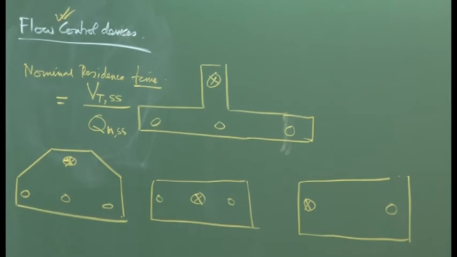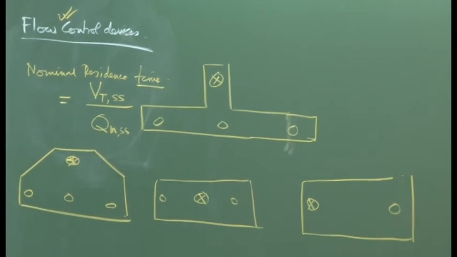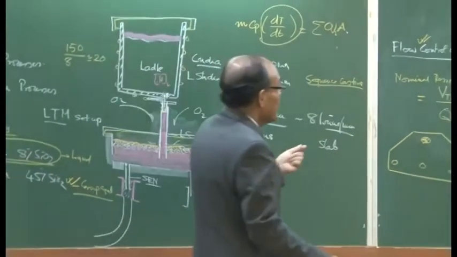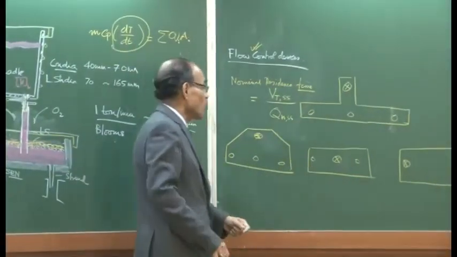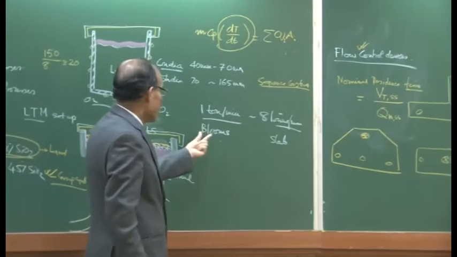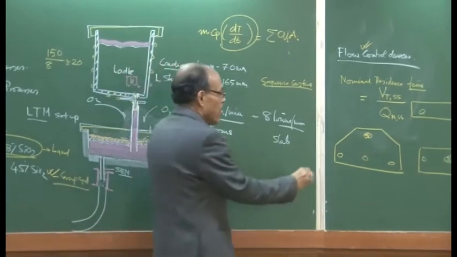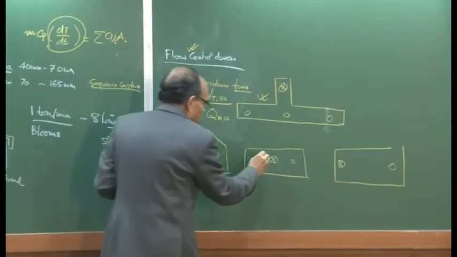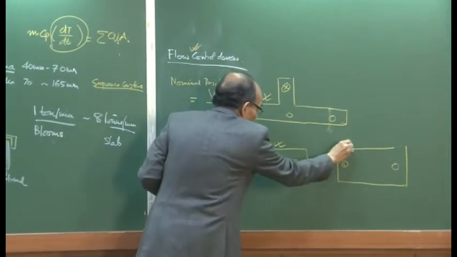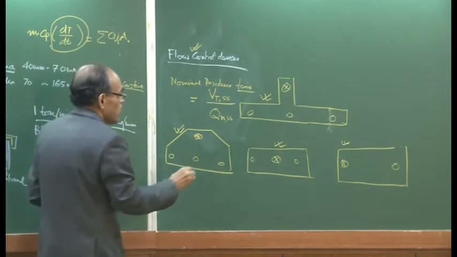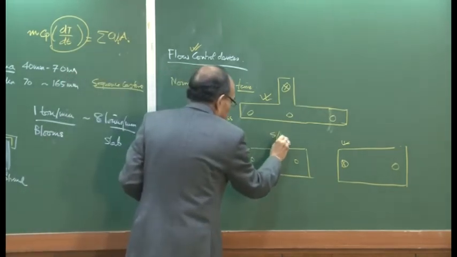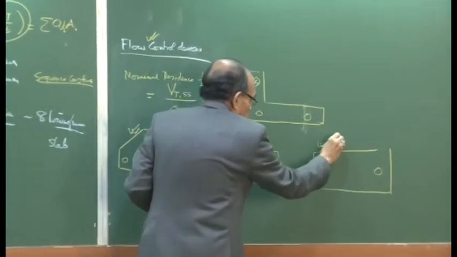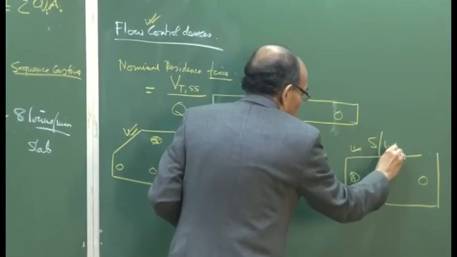Therefore, we can understand that there is going to be a considerable amount of variation in heat losses from the tundish. Typically, you may note that bloom casting tundishes are of this particular variety, while billet casting tundishes and slab casting tundishes are of this other variety.